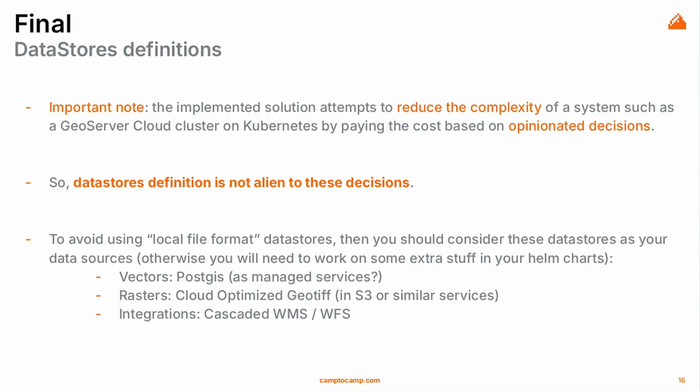Some considerations. In this example, we are doing something just to reduce complexity. We removed all the data stores that you can use from GeoServer. We are not allowing any GRIB data store, in particular, to reduce the complexity. It's possible to add things, but for the purpose of the talk, what we share is that you should use, for vectors, PostGIS as a managed service if you want, a database, and that's all.